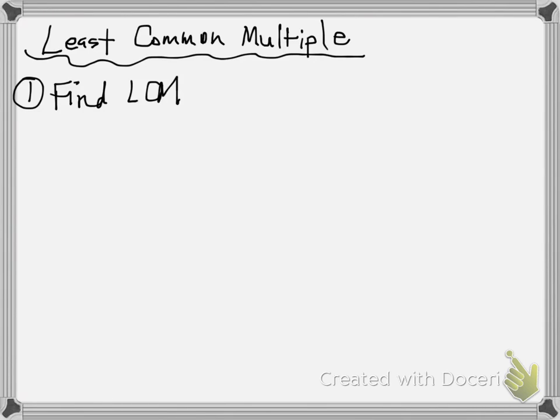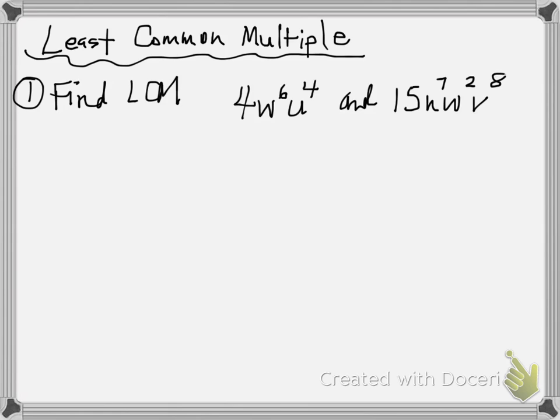So my expressions again are 4w to the 6th, u to the 4th, and 15v to the 7th, w to the 2nd, and u to the 8th. Okay, so I want to find the least common multiple.